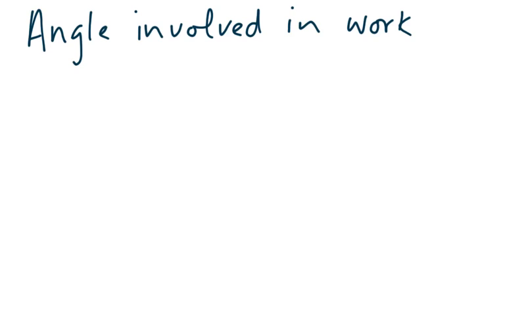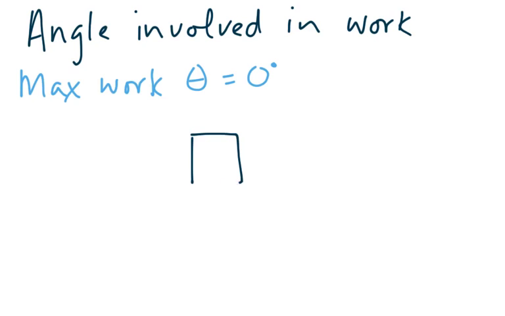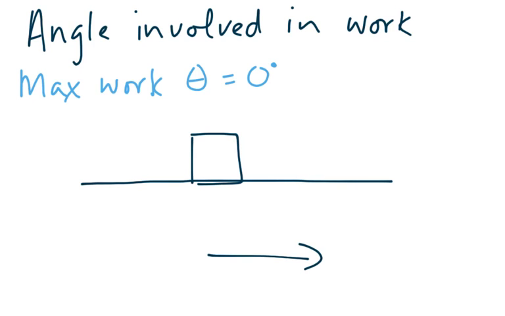So the first type of work that we can have is known as maximum work, okay? Max work basically implies that theta is going to be equal to 0 degrees. And what we mean by that is that if I have an object here on my surface, and I want that object to go in this direction, okay?